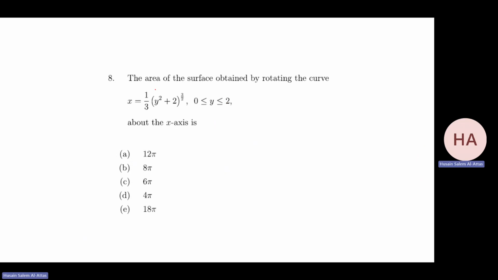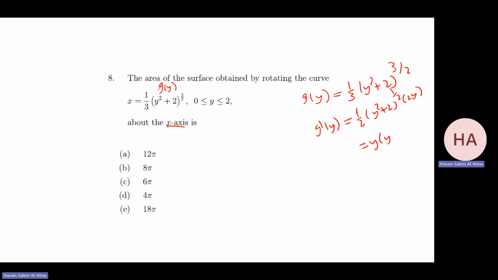This one, x equals a function of y, about the x-axis. Okay. So I have g of y is this. G prime of y will be half times 2 squared plus 2 to the power half times 2y, which is y squared plus 2 to the power half.